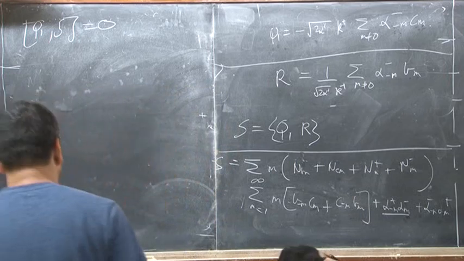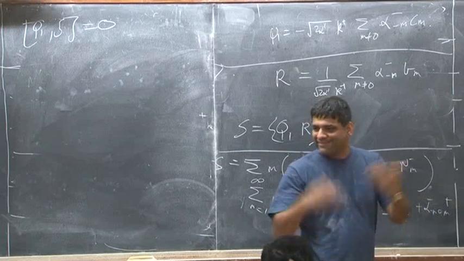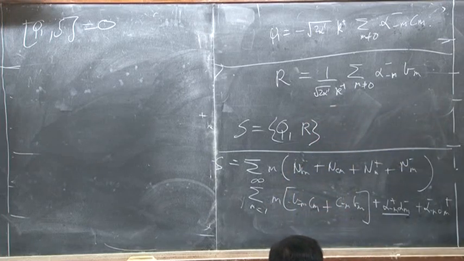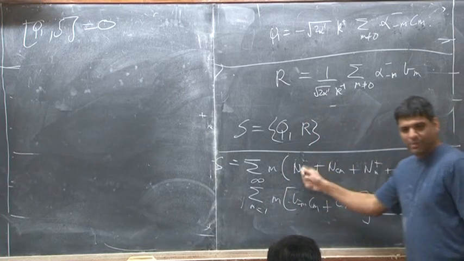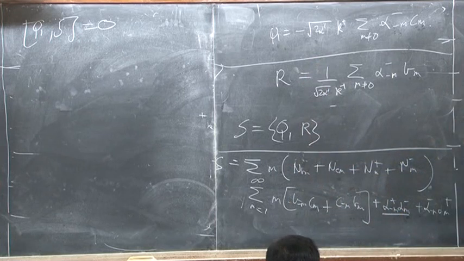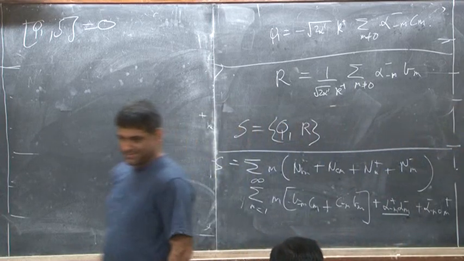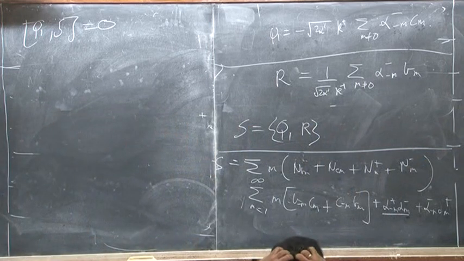It doesn't matter whether it destroys the C and creates an alpha minus or whatever. So it's clear that Q1 commutes with S just from the explicit formula. Is this clear?